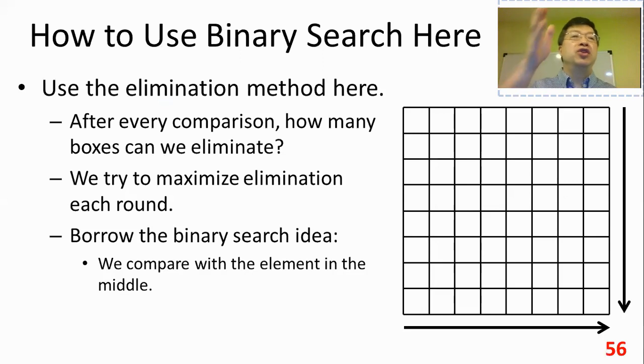So we have a position in the middle, and we can do the comparison there. But here, the elements are not distributed along a line. They are in a square. So in a square, how do we apply the binary search idea? There are many possibilities, so we need to take a look.